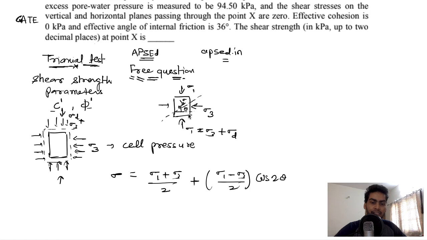Theta is this angle from the horizontal, and these sigma 1 and sigma 3 are the principal stresses.